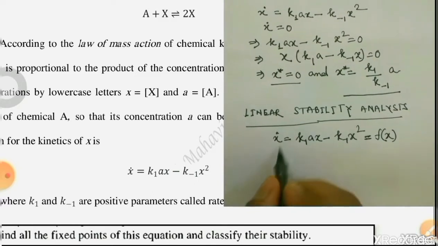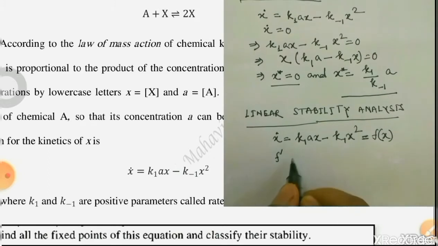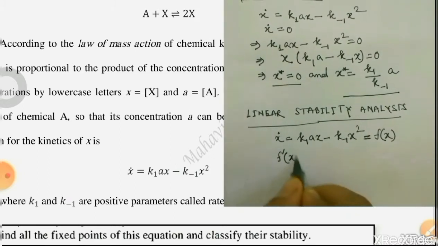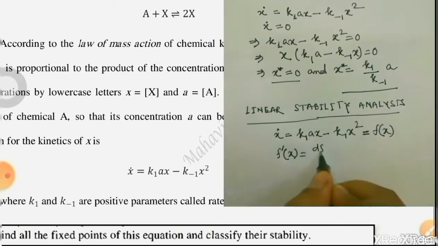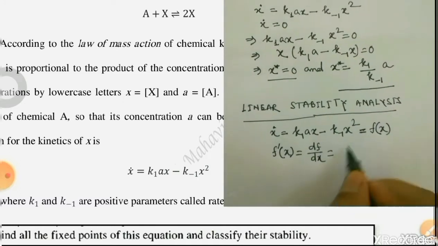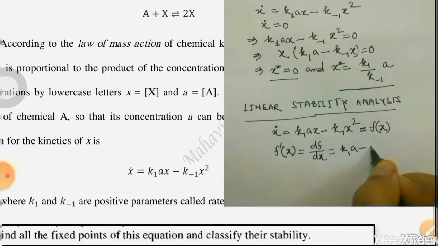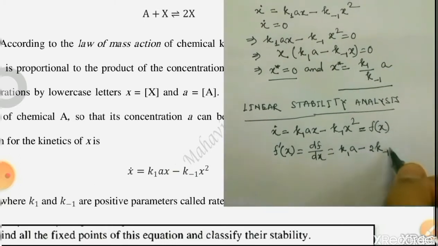Now we will take the differentiation of function f with respect to x. That is, f prime x equals df dx. This gives k1 a minus 2 k minus 1 x.